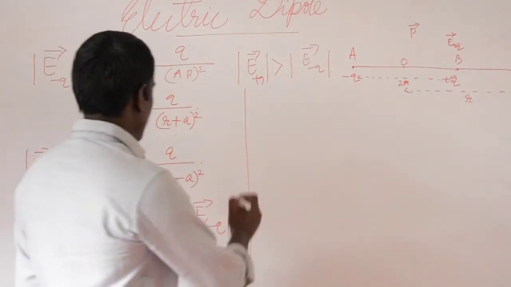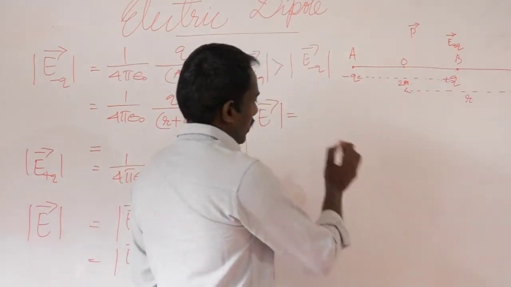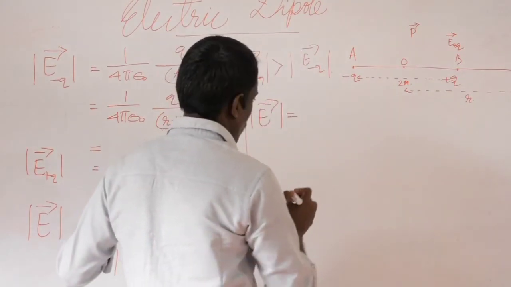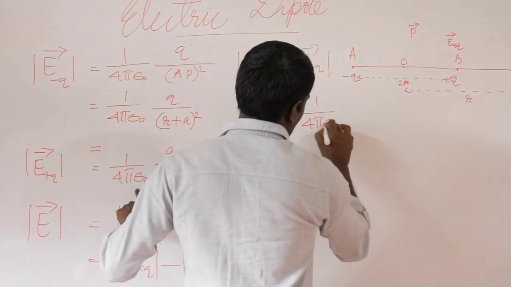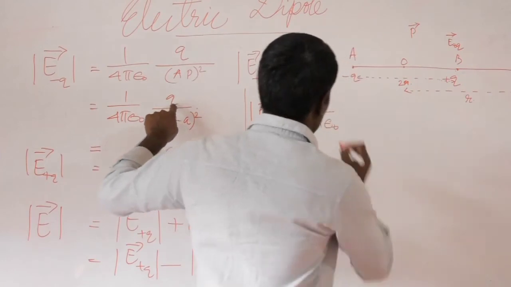Then we will get E equal to, here 1 by 4 pi epsilon 0 is common in both equations. Q is also common.